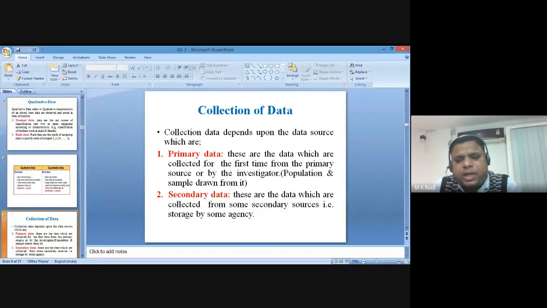You can collect various forms of secondary sources. So if you take data for the first time from a primary source, that is known as primary data, and if you collect it through different sources, that is known as secondary data.